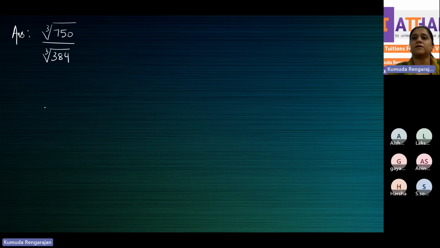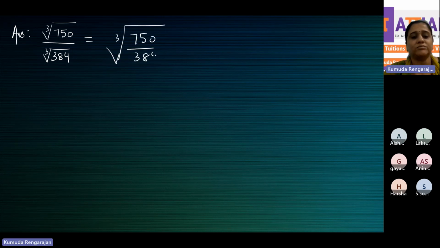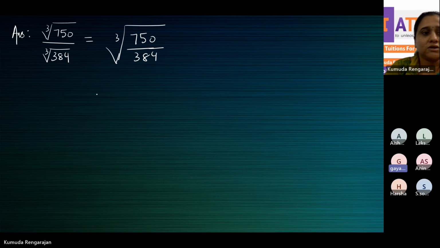Now the next step should be cube root of 750 by 384. Is that fine? Cube root of the numerator, cube root of the denominator can be written as cube root of numerator by denominator.